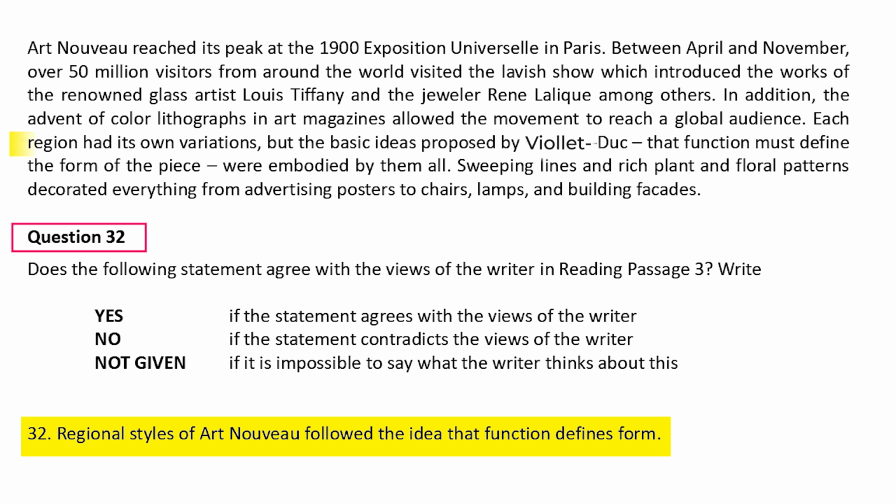The passage says, each region had its own variations, but the basic ideas proposed by Viollet-le-Duc, that function must define the form of the piece, were embodied by them all. In other words, the shape and design of an object should be based on how it's going to be used, not just on decoration. So if the regional styles all embodied his basic ideas, then yes, function defining form must have been part of their designs too.